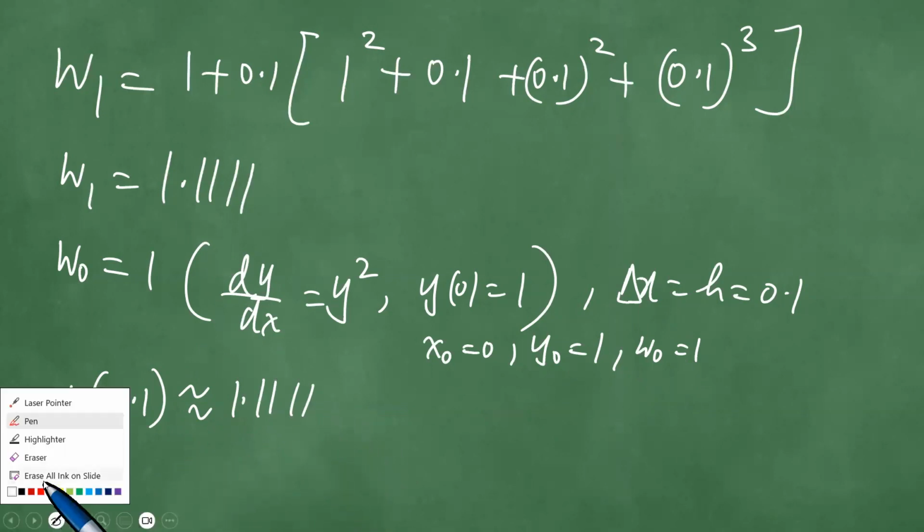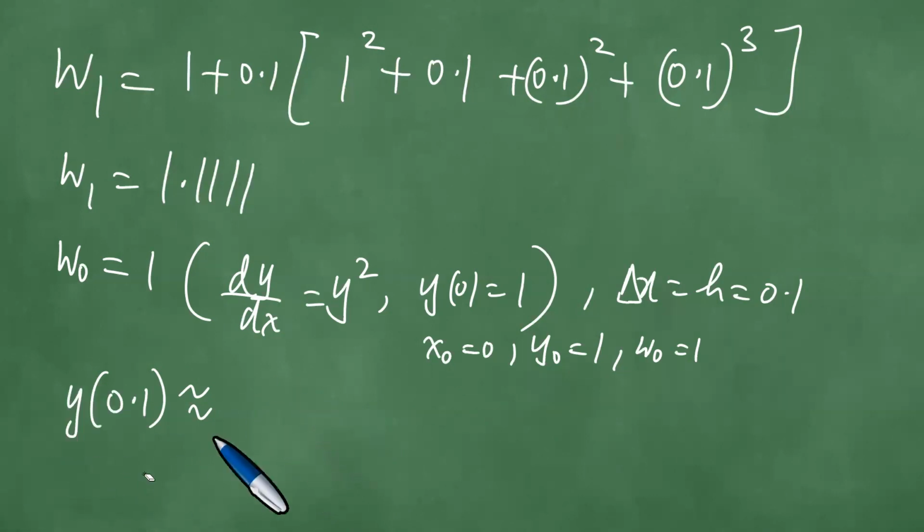Obviously, we can write it in the notation of the book as well: y at 0.1, which is just one step h, is approximately the first w in the difference equation, and this first w is 1.1.